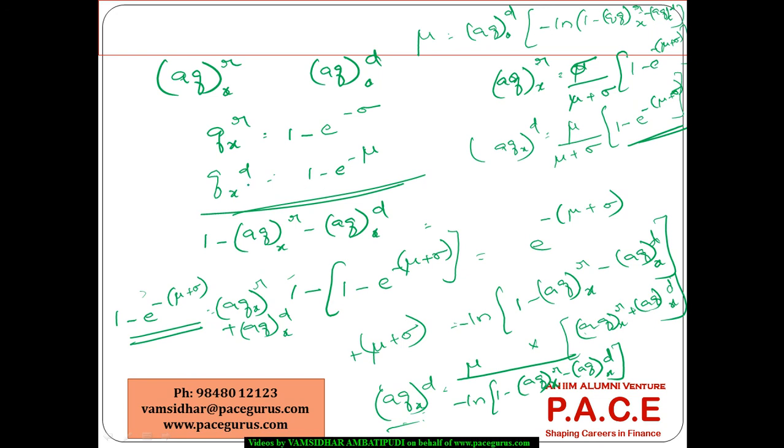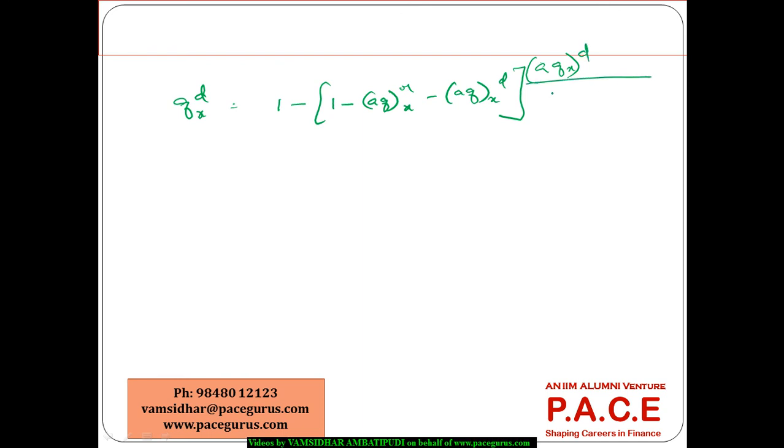So I do it as 1 minus e to the power of that, and similarly qx of R. So I'll get qx of R as well as qx of D. Which actually comes out as qx of D is 1 minus (1 minus aqx of R minus aqx of D) to the power of aqx of D divided by (aqx of R plus aqx of D).